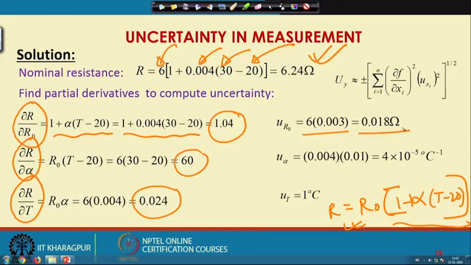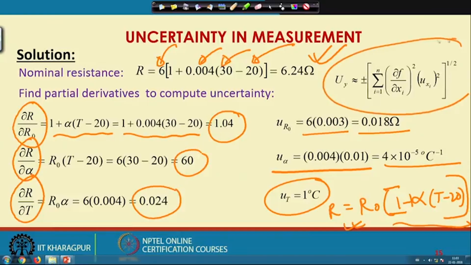Similarly, alpha, uncertainty in alpha was expressed as 0.004 plus minus 0.1%. So, you compute this value as this. Measurement of temperature is given as plus minus 1%, plus minus 1 degree Celsius. So, all these uncertainties are known, and now you have to make use of this equation to compute the overall uncertainty.